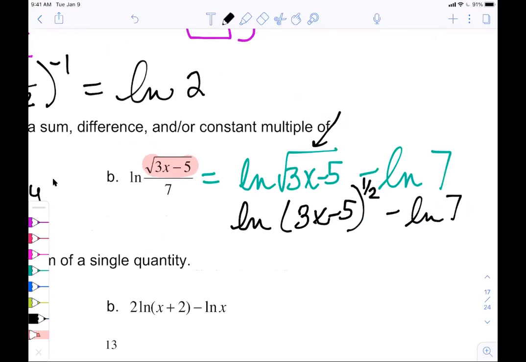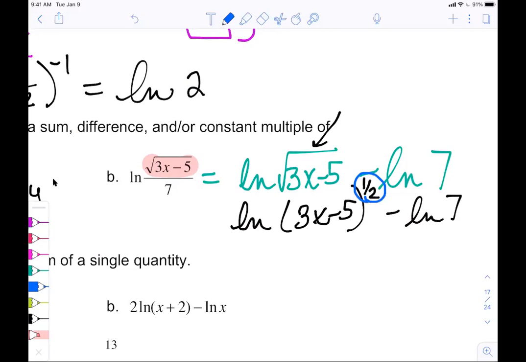And then Jack, what would you do with that power of 1/2? Jack, where would you move that exponent? Somebody help him out. What do we do with that exponent of 1/2?